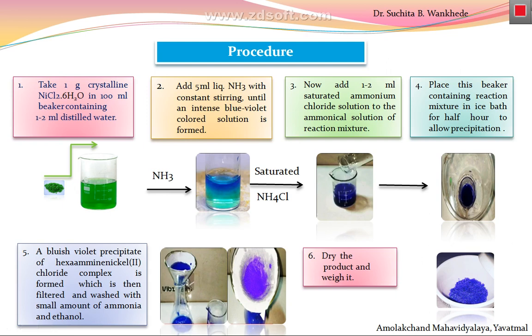To this solution, we add saturated ammonium chloride solution. So how do we prepare this saturated ammonium chloride solution? By dissolving 5 gram of ammonium chloride in 10 to 15 ml ammonia solution, that solution is called the saturated solution of ammonium chloride.